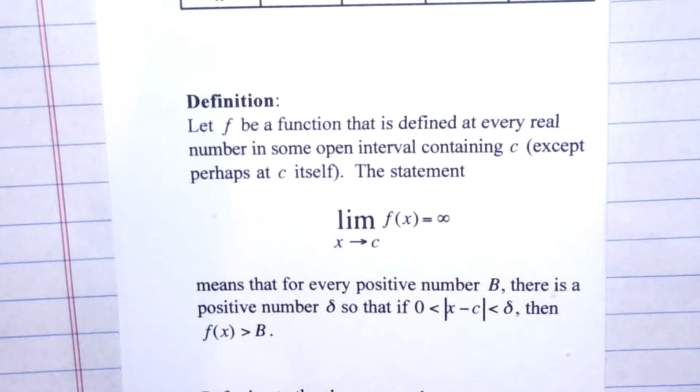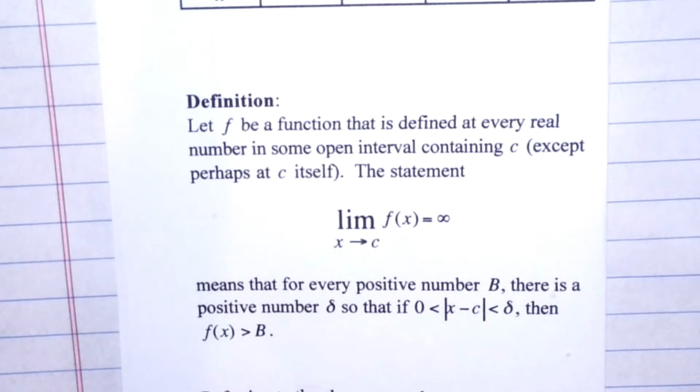Let f be a function that is defined at every real number in some open interval containing c, except perhaps at c itself. Then the statement, which we will read as the limit of f of x as x tends to c is infinity, or positive infinity if you prefer, means that for every positive number b, and I chose b because it's supposed to stand for big numbers.